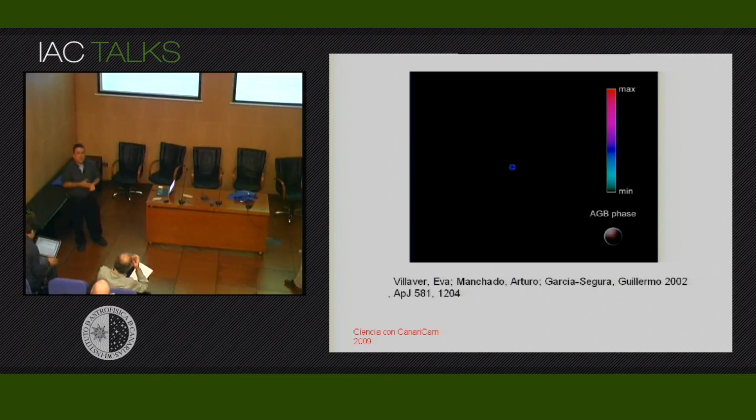I could spend 1 hour explaining how I derive this distance, and still there are high uncertainties in this distance because it's not an easy task to derive distances for this kind of objects. And also the assumption that all the CO is in the torus, and there is uniform velocity, so, you know.